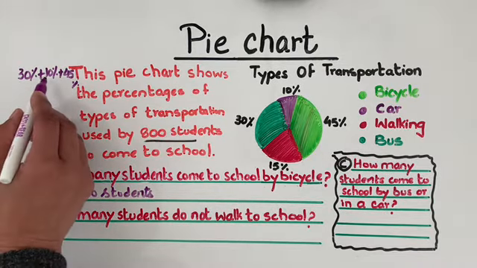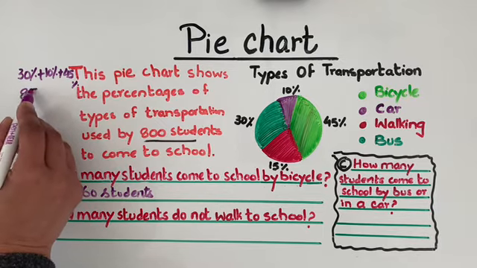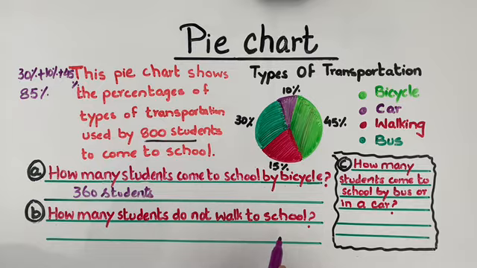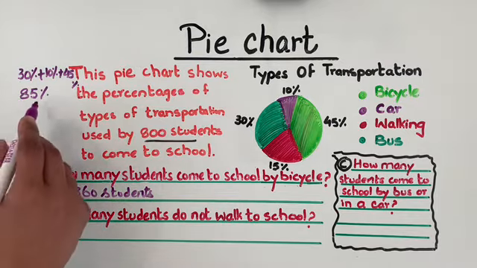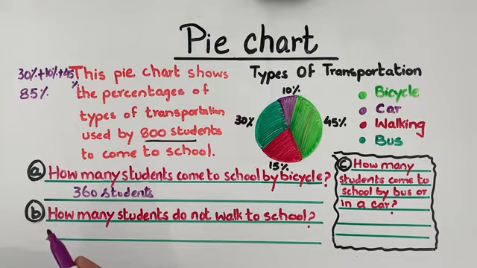Right, 30 plus 10 plus 45. So it will be 85% students who do not walk to school. But in this question, we have to tell the numbers, not the percentages. So let's convert this percentage into the number of the students.